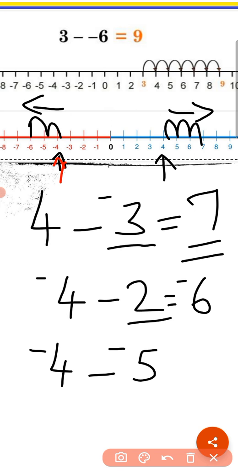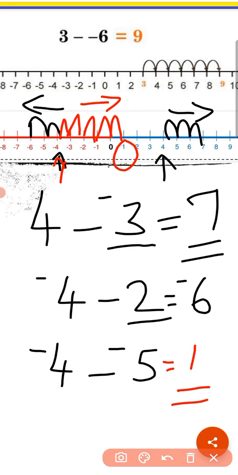Since the second number is negative, we are subtracting a negative number from the first number. So move 5 steps to the right side. 1, 2, 3, 4, 5. So we are moving to the right side. 1 is the answer.